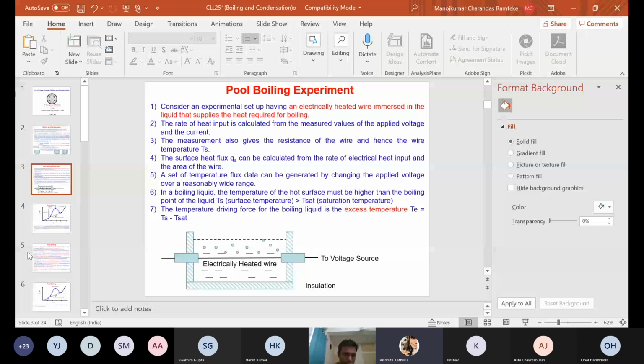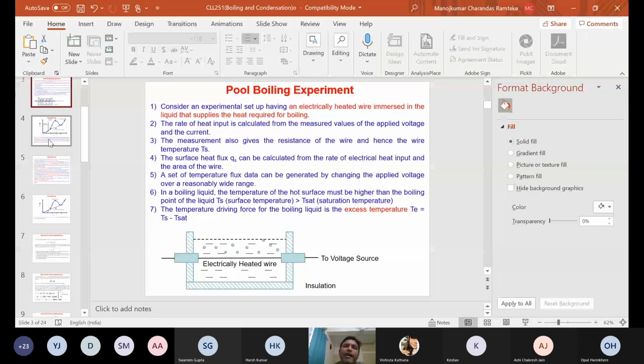Okay. So this is what we have seen in the last class, isn't it? I will just quickly summarize. So if you look at the entire boiling regime, there are three main regimes present. One is the interfacial evaporation, then the nucleate boiling, and then the film boiling.